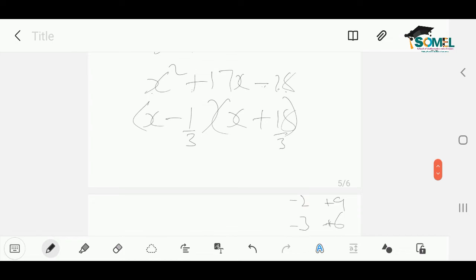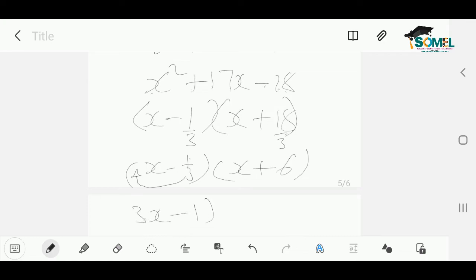So this will be x minus 1 over 3, and then 18 divided by 3 is 6, so it's going to be x plus 6. But because it's a fraction, I'm going to take the denominator and make it a coefficient here all the time. So this is 3x minus 1 and then x plus 6.